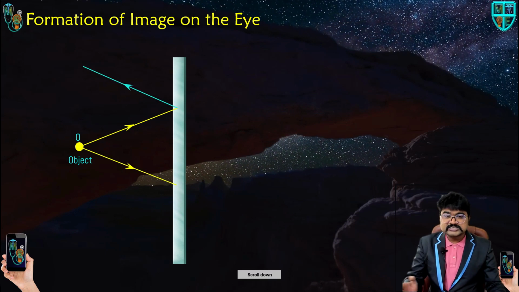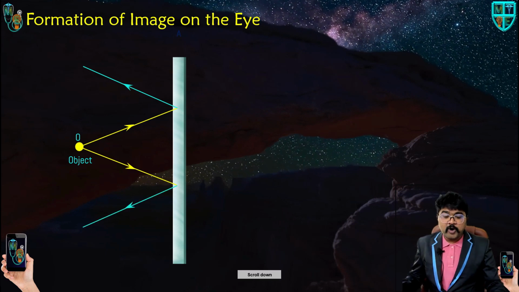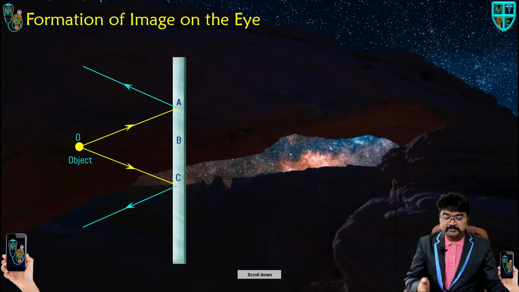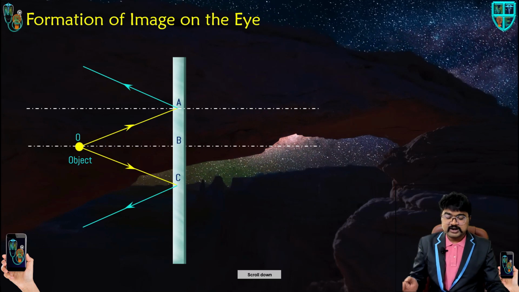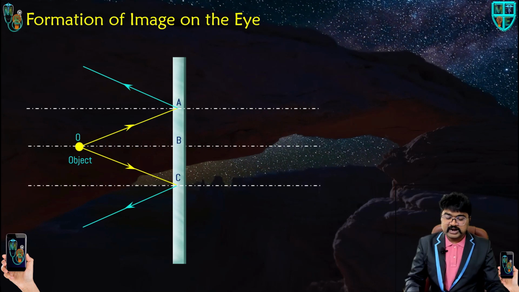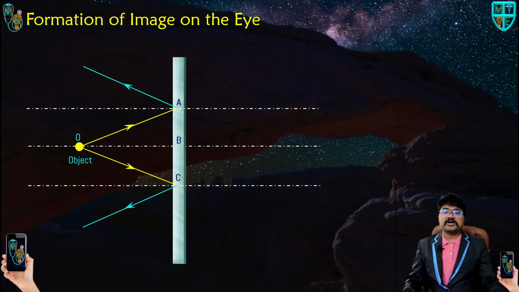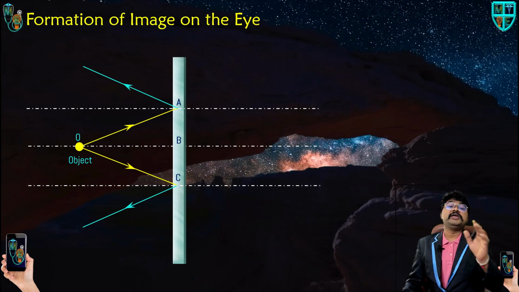And one more incident ray is incident on the mirror and it is reflected. Here is the point of incidence B, and C is also a point of incidence, and there are normal 1 and normal 2. So these all are normals drawn for the mirror.